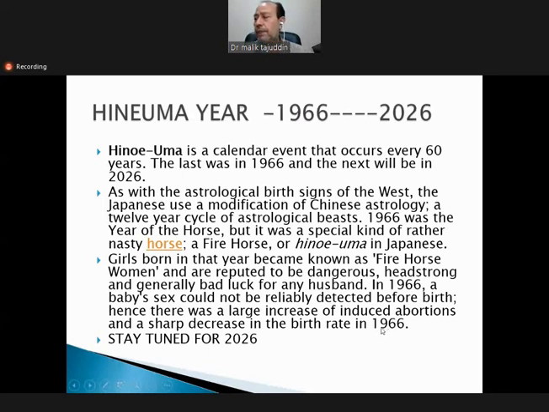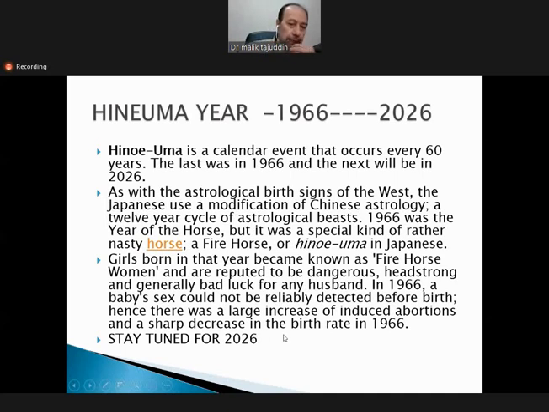Okay, what happened was that in 1966, there was no technology to find out the sex of the fetus in the womb, like ultrasound today. So everybody who got pregnant during that time did an induced abortion. So there were fewer children born.